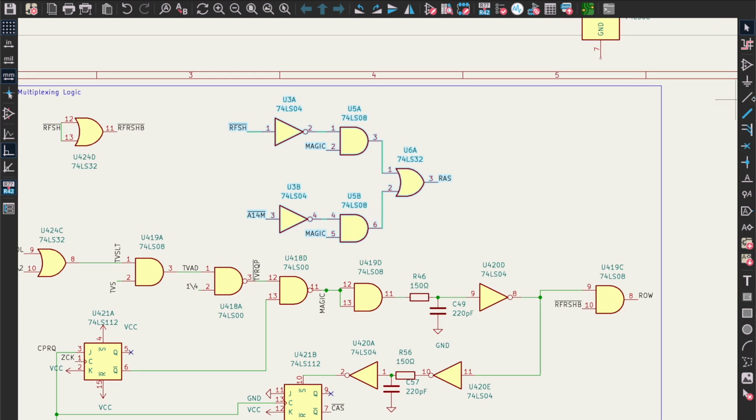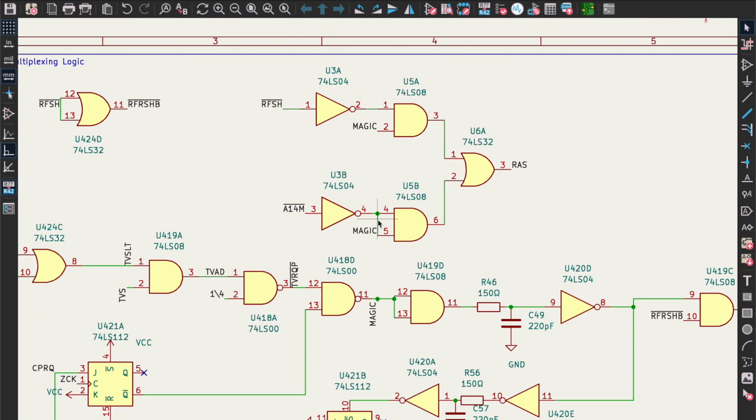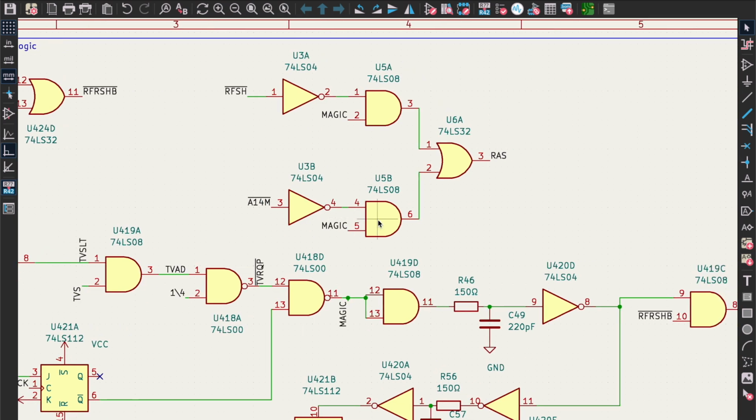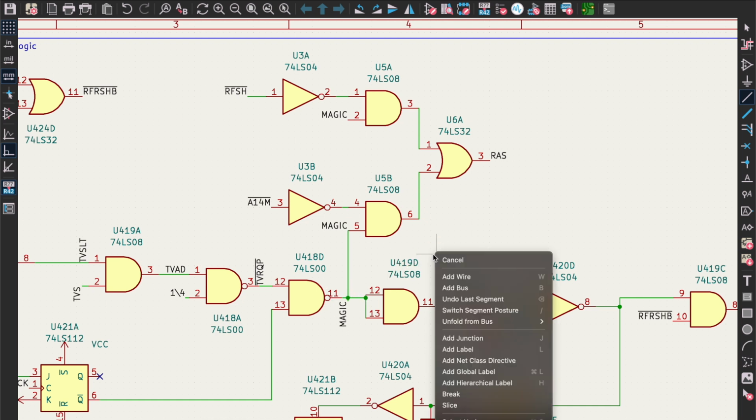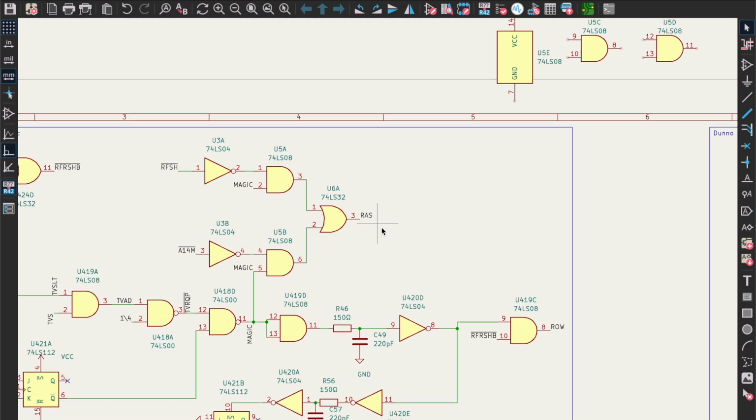Now if I wanted to, rather than just labeling, I could just stick that through there. No, I don't want touching there. Doesn't matter. But yeah, so that's magic there basically. Oh, again, it's just off. So maybe that's all I need to do.